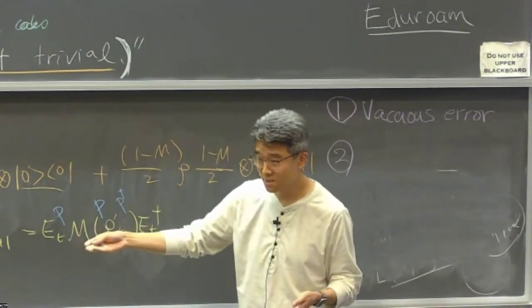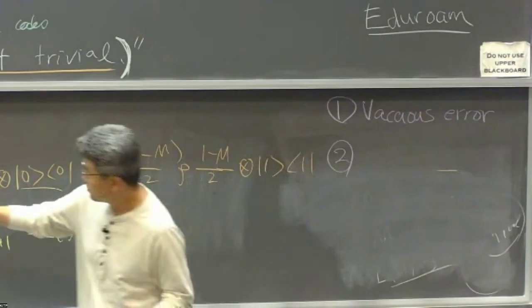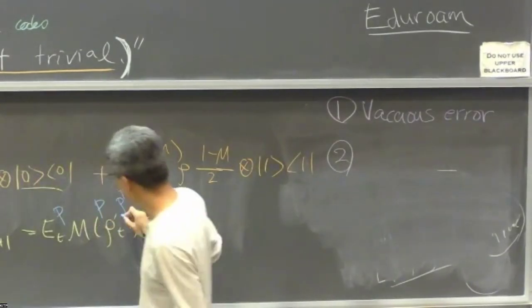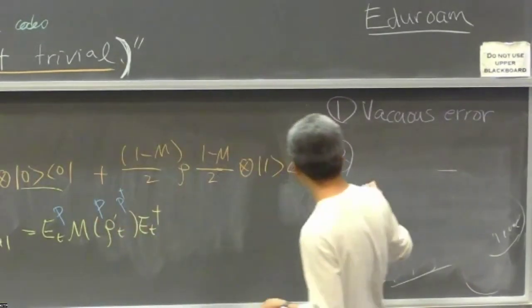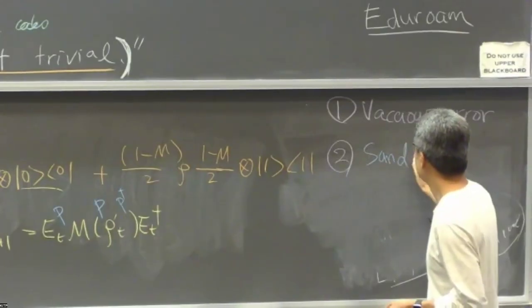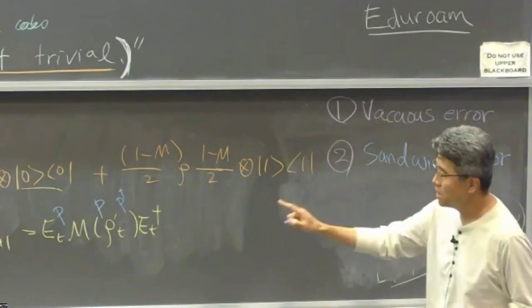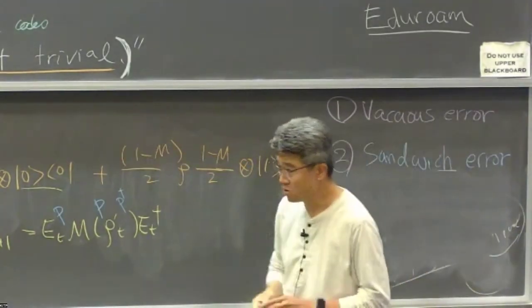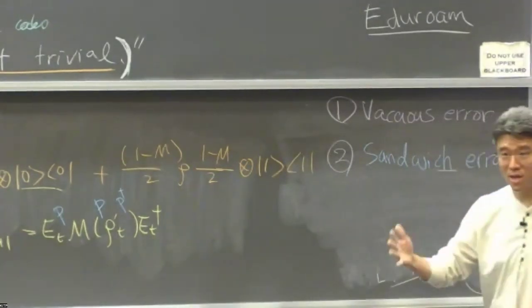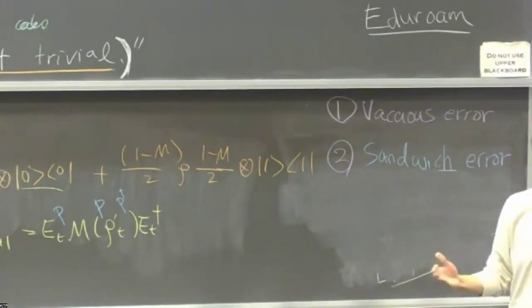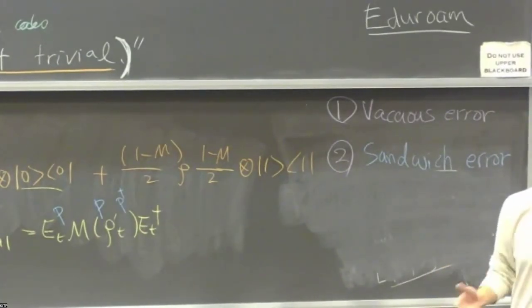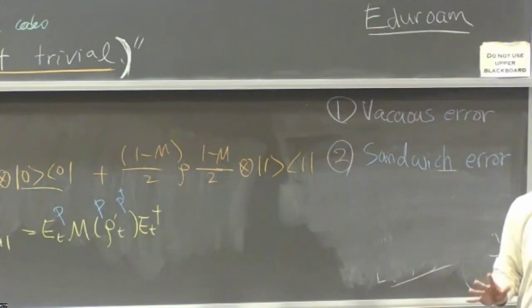We call this sandwiching error. At some point in the measurement history, sandwich error may change the history, but eventually it doesn't. Makes sense? Yeah.